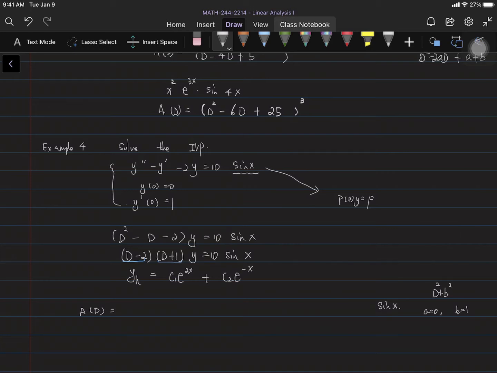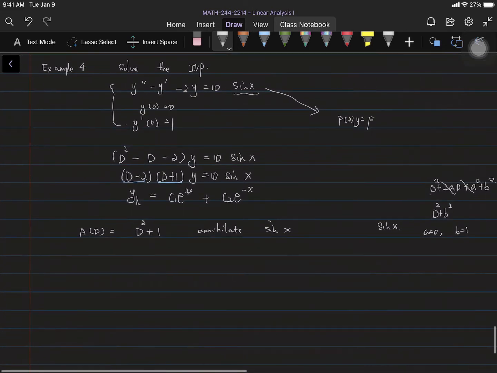You can also plug in D squared plus 2aD plus a squared plus b squared. But because a equals 0, it's just D squared plus b squared. In this case, it's D squared plus 1. So let's annihilate sin x, which means we make sin x into 0.